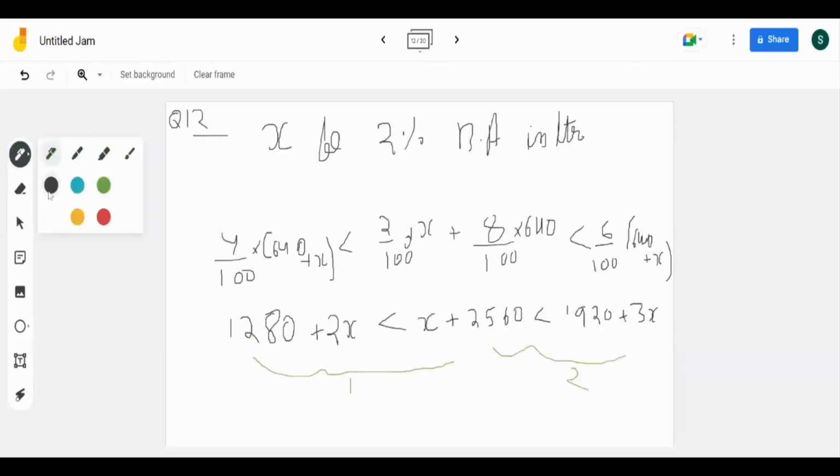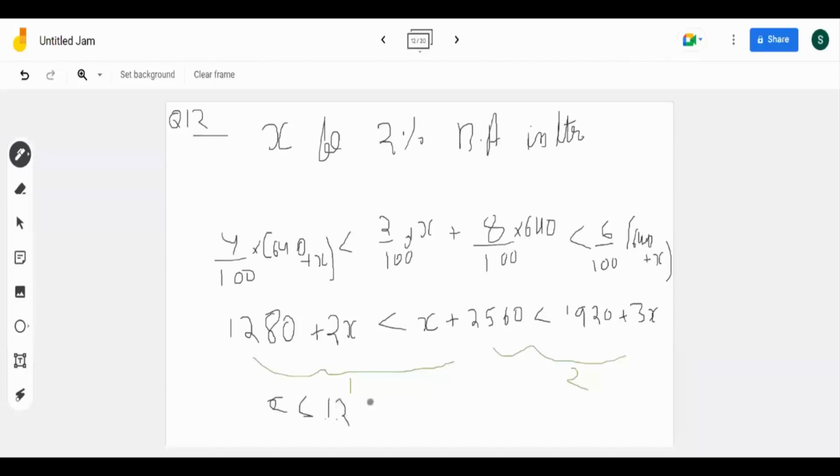Solving this will give me x is less than, sorry, I'm making a calculation mistake here. We will subtract this one to get 1280.